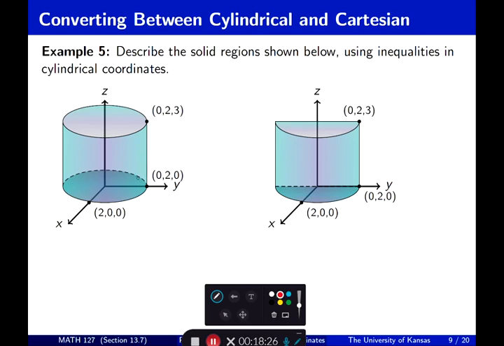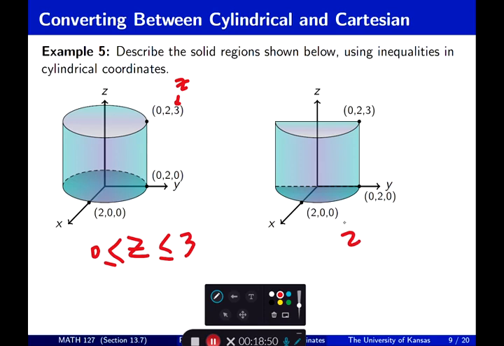So in here, what I see is cylindrical coordinates has 3 coordinates, right? Here I see the bottom part is z equal to 0, the top part z is equal to 3. So z for this one is between 0 and 3.